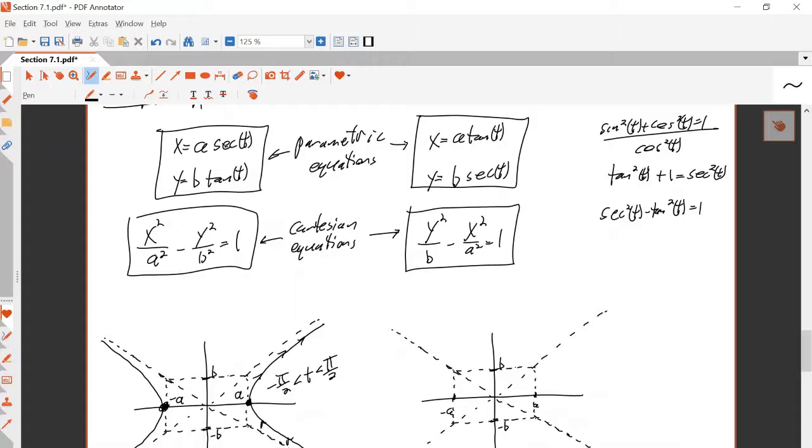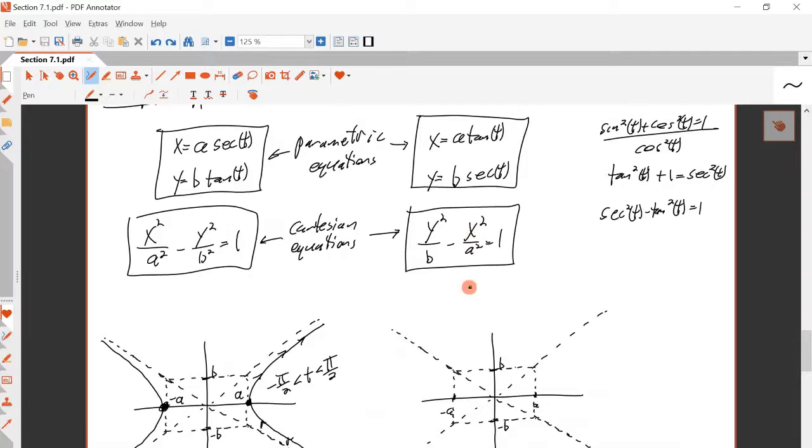This is negative, that's positive. So you're over here. So this one is moving in this direction as t increases. Actually, I'll leave that part out. We'll just leave this one in. So from minus pi over 2 to pi over 2, you're doing like that.